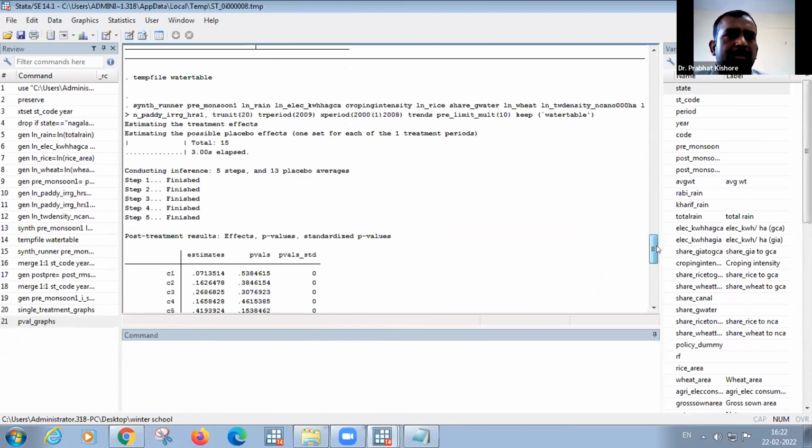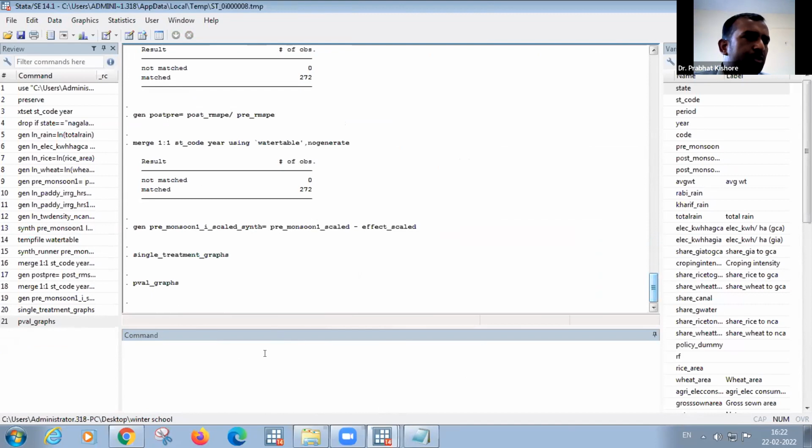Someone was asking how that post and pre ratio is higher.